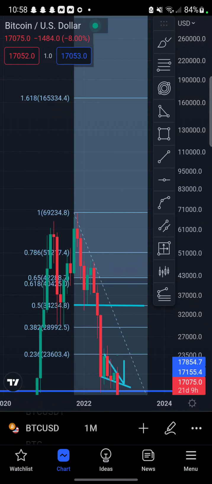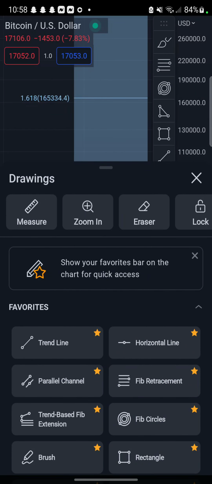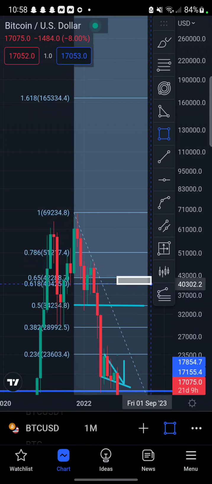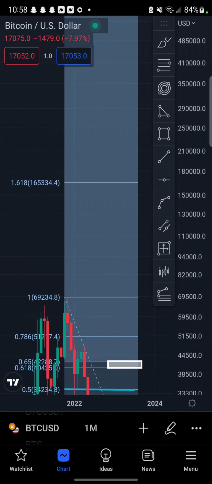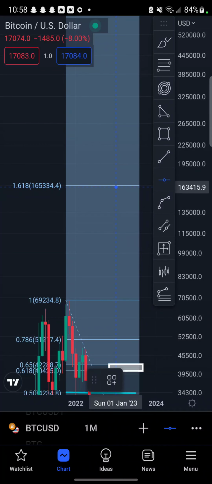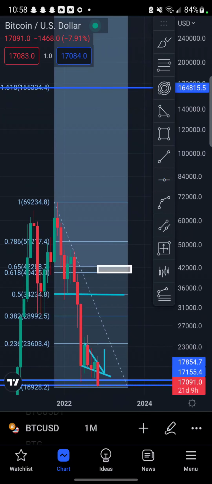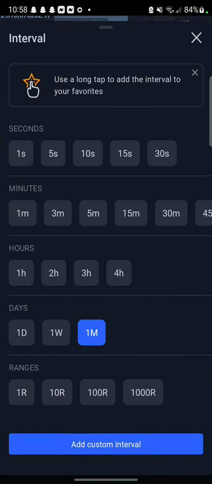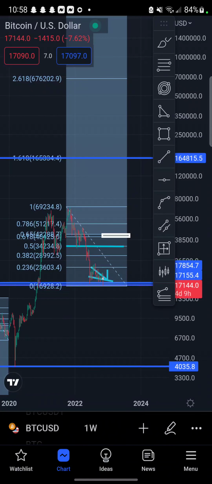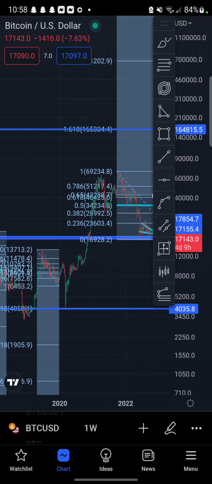Our 0.618 Fib is sitting at 40,000 now. And our 1.618 Fibonacci has increased from 160,000, give or take, to 165,000. These are the potentials that we have if we start to head up.